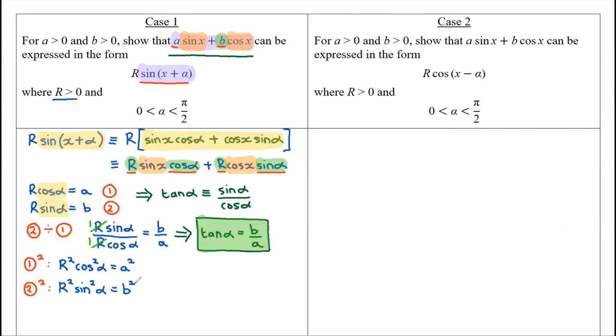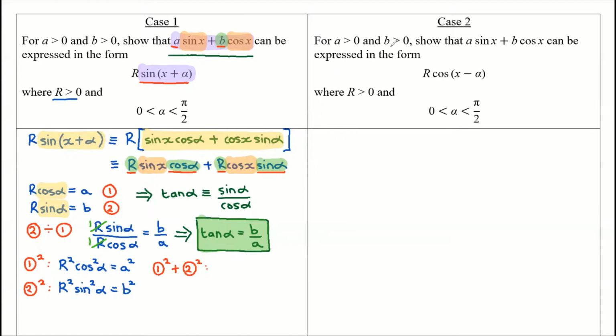Well, now I'm going to add equations 1 and 2 together. And when I say that, I mean equation 1 squared added to equation 2 squared. Note this is not good mathematical notation, by the way. It's just to help your understanding. So don't write things like this in your exams.